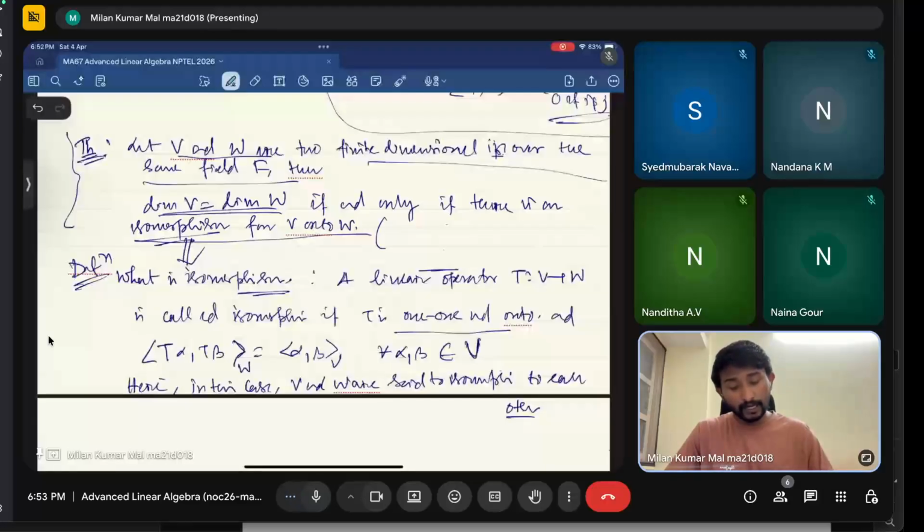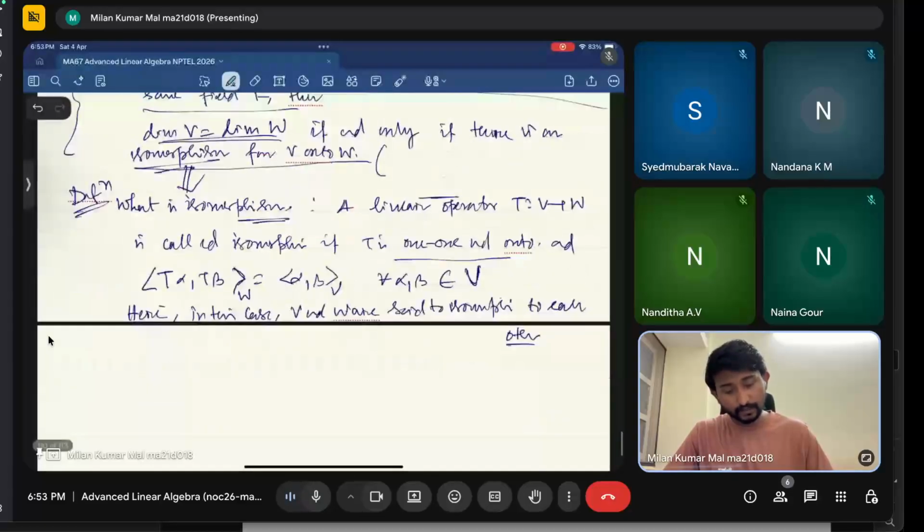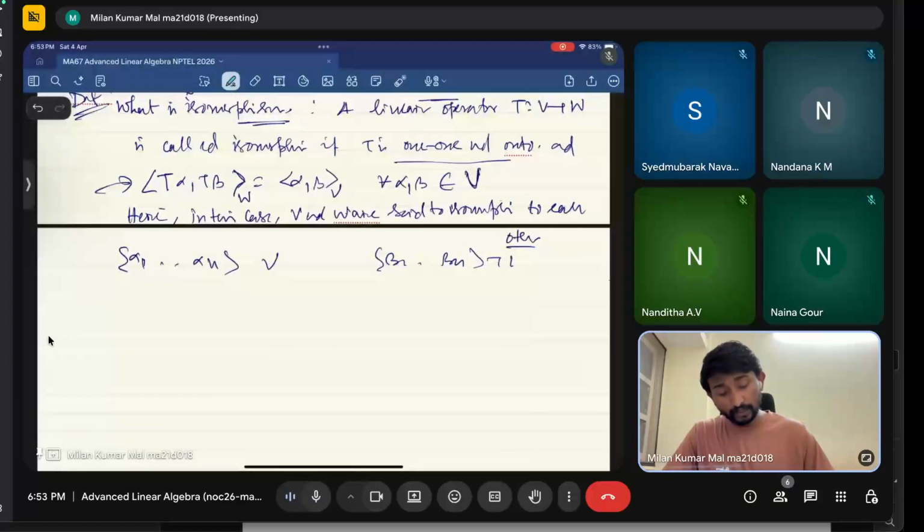And why will that map respect this property? Because if alpha 1 all the way to alpha n is the orthonormal basis of the space V, and beta 1 all the way to beta n is the orthonormal basis of the space W, then the inner product of T alpha i and T alpha j for any two vectors equals, by the rules, the inner product of beta i and beta j.